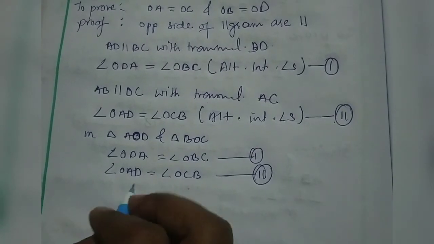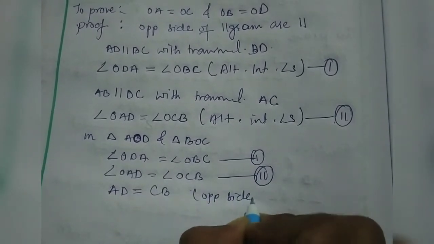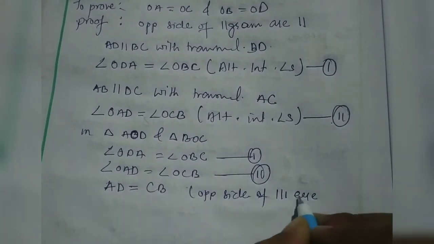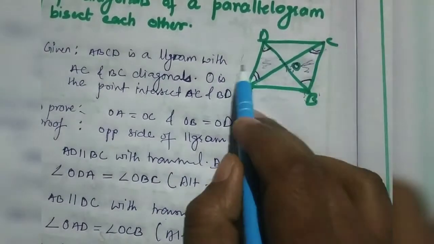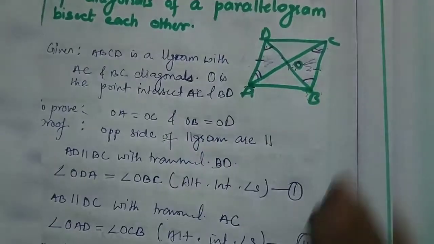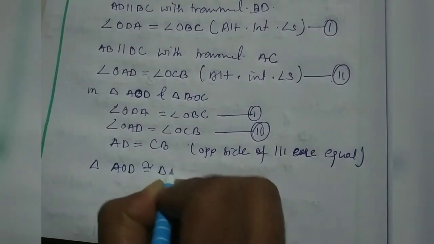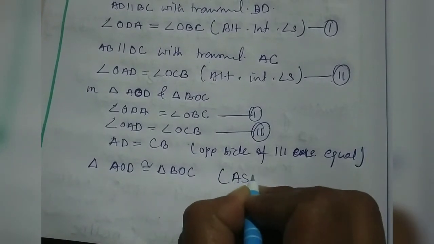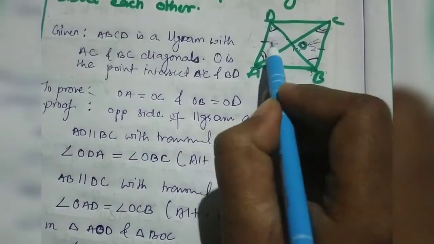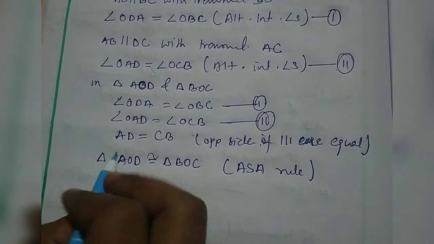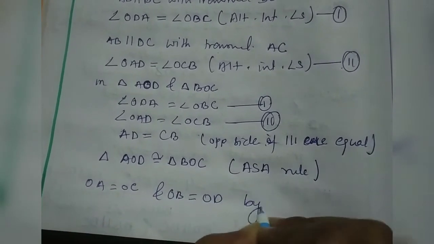And we know that AD is equal to BC, since opposite sides of a parallelogram are equal. This side and this side are equal. So triangle AOD is congruent to triangle BOC by the ASA rule of congruency: this is an angle, this is an angle, and this is a side. So OA equals OC and OB equals OD by CPCT.